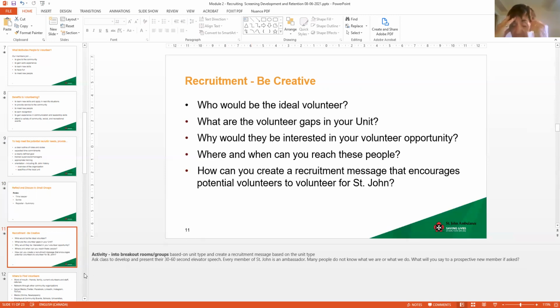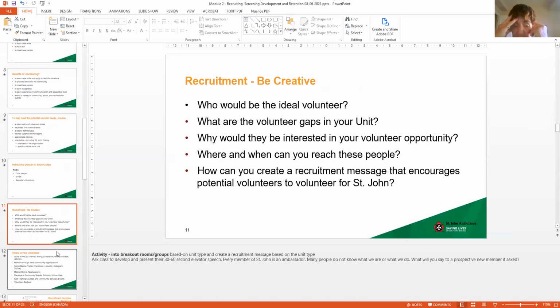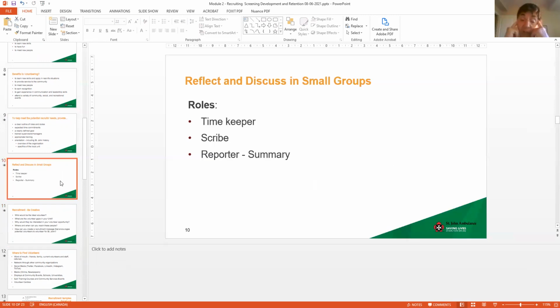Let's go back to the roles. You want somebody that's going to facilitate the questions. So why don't we add leader or facilitator?